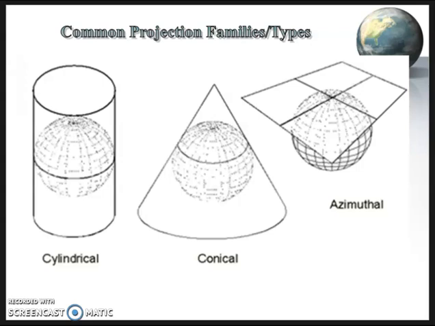Conical projections are good for mid-latitudes, while azimuthal or planar are good for the poles. A projection method is a mathematical formula that converts spherical data or three-dimensional data into rectangular or two-dimensional data. This formula can then have settings that change the position of the projection on the globe.